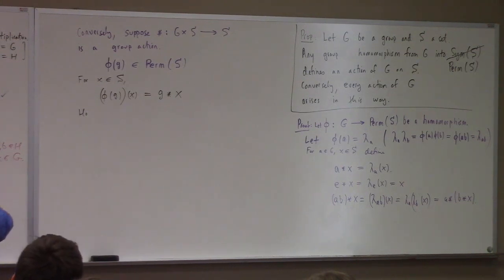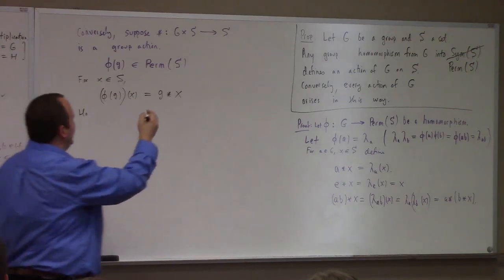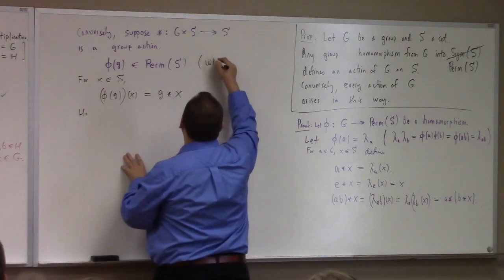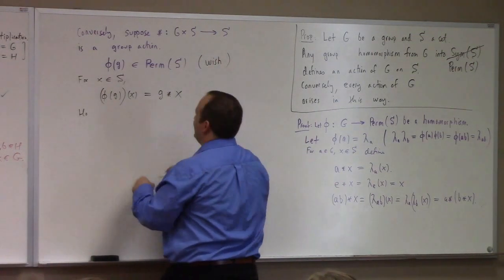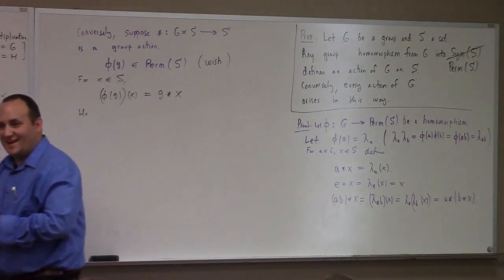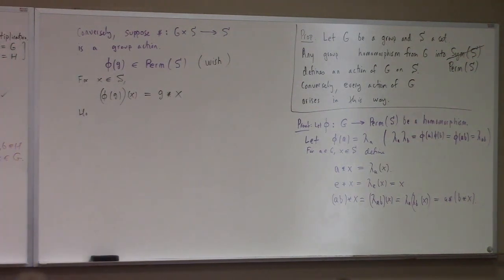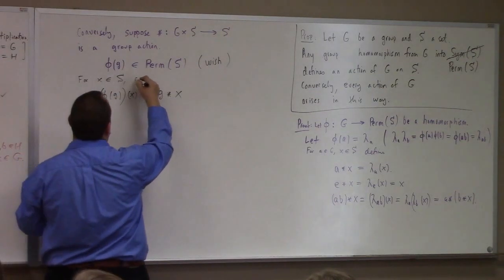Well, I'm trying to define. The thing is, I'm trying to. This is my wish. I wish that. I don't have that yet. I'm trying to construct phi to be such a thing. That's my wish. And this is my definition.